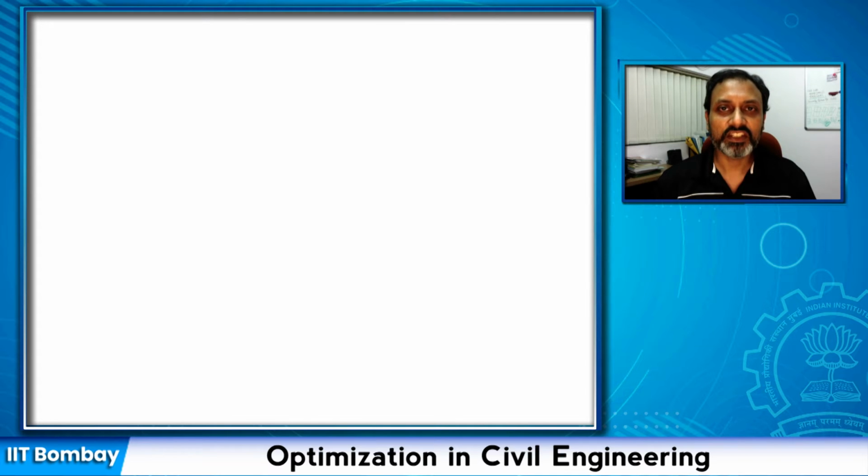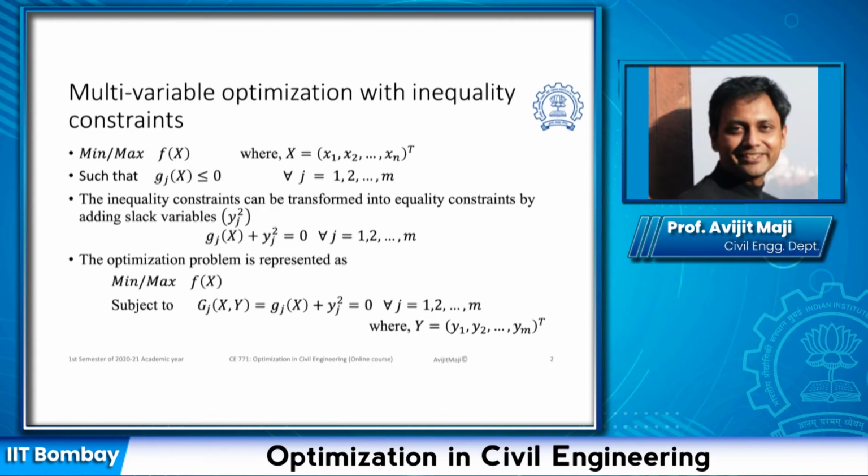So let's first see how we can represent the multivariable optimization problem with inequality constraints. Here is the generic form of a multivariable optimization problem with inequality constraints. The first part represents the objective function which we need to minimize or maximize, and in this, capital X represents an array of n number of variables, and then we have the constraints.